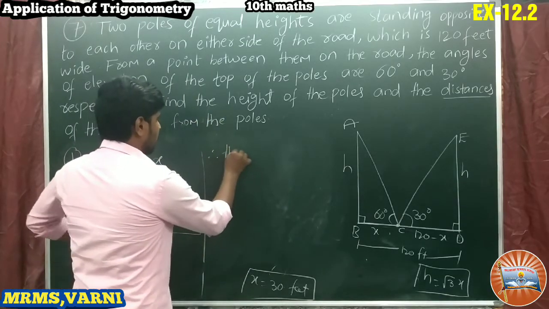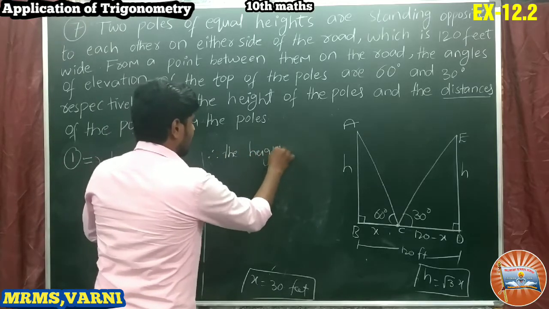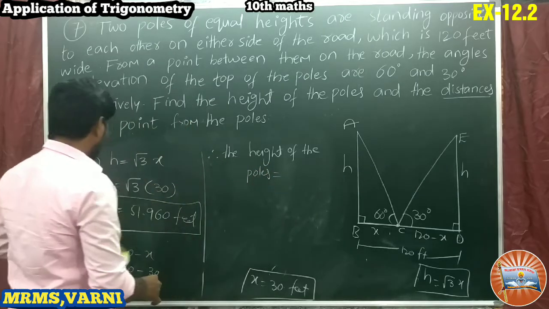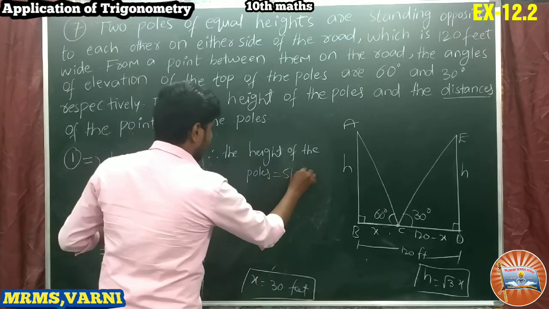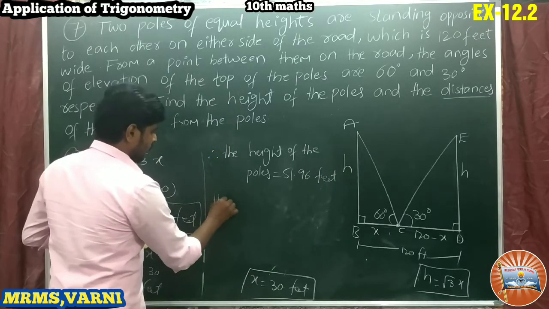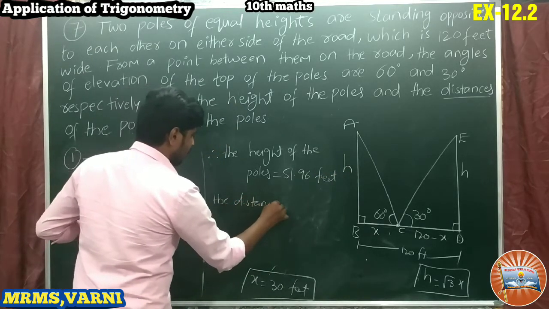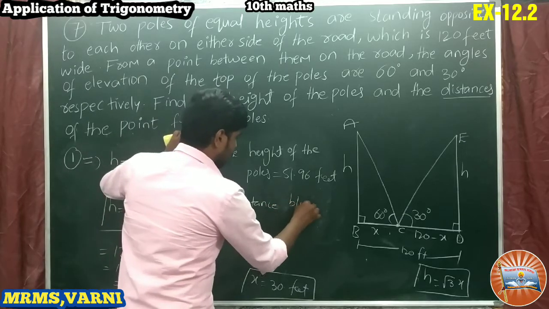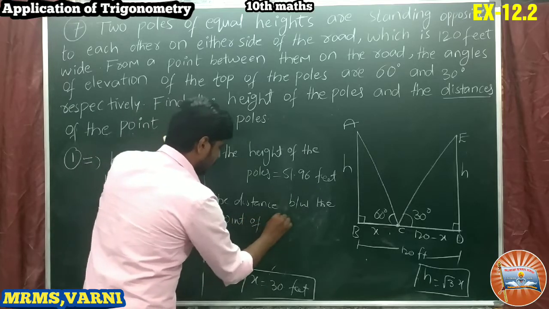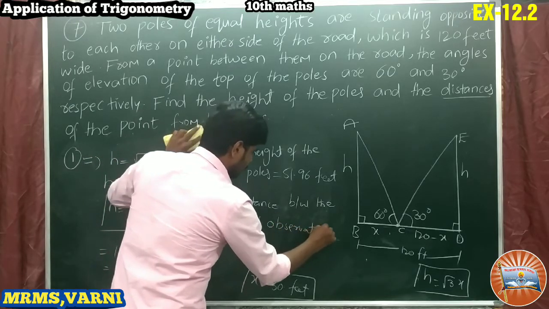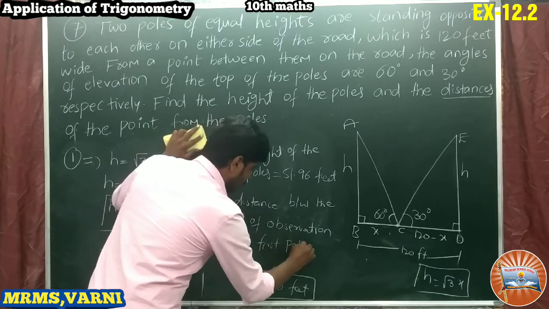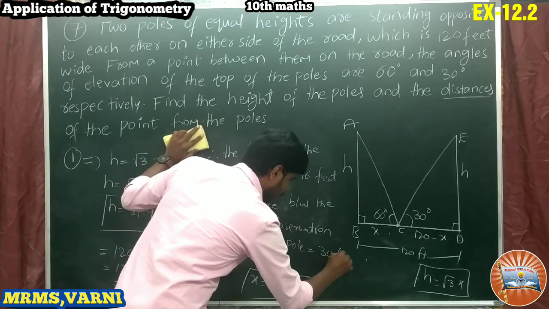Therefore, the height of the poles is equal to 51.96 feet, and the distance between the point of observation and the first pole is 30 feet.